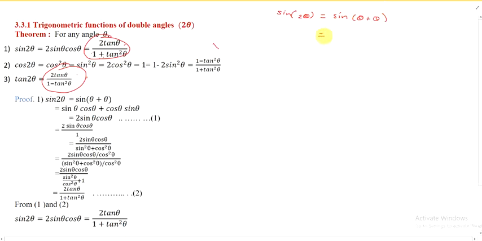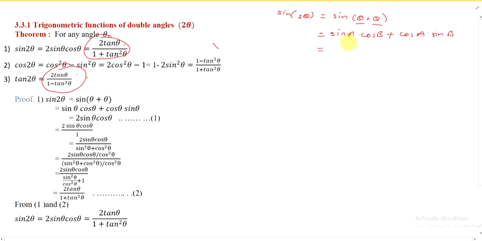Let us consider this one as A and this one as B. By using the formula for compound angles, sine A plus B is equal to what? Sine A cos B plus cos A sine B, isn't it?